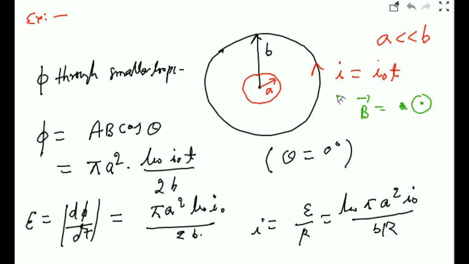The induced current will always oppose the initial magnetic field. So inside the loop, the direction of the magnetic field should be into the plane, which means the current should be clockwise. So the direction of current in the smaller loop will be clockwise.